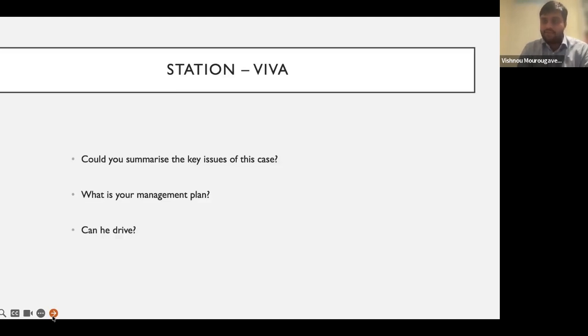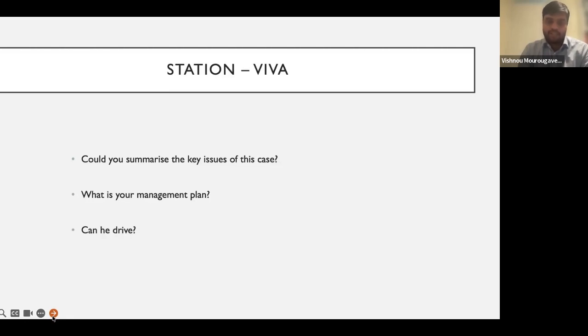So, can you drive? In someone with epilepsy where you've started some anti-epileptics, or you started a drug which could be teratogenic, they would ask you about what about pregnancy, what about contraception, etc. So there's always a safety point which I will ask you as a clarifying question at the end in the Viva if you've not addressed it, or just in case you weren't very clear.